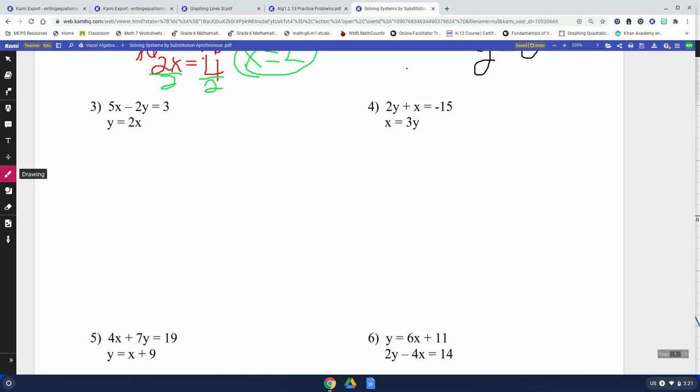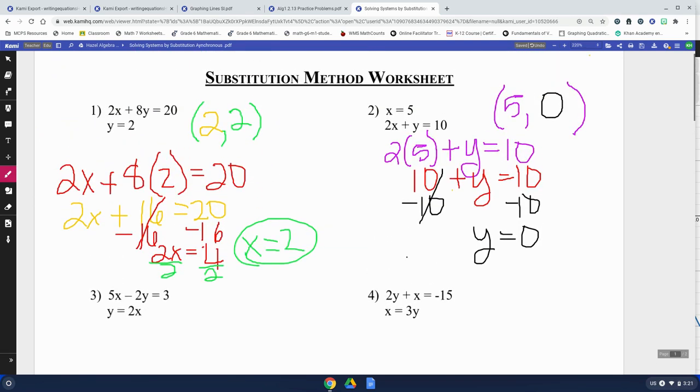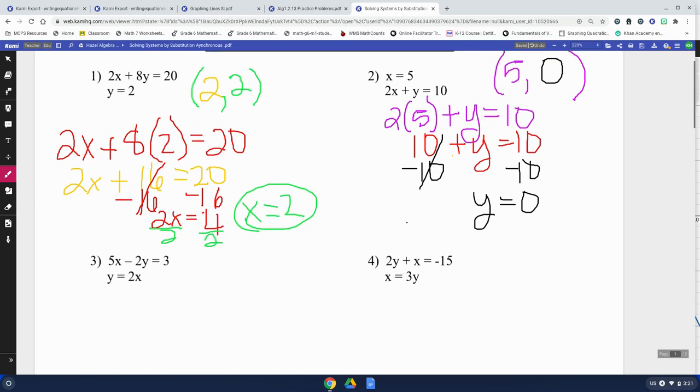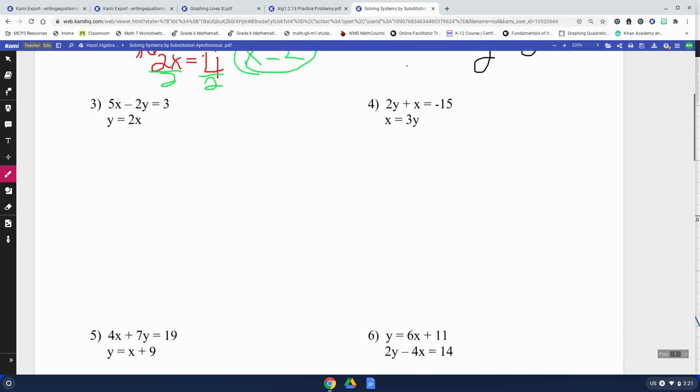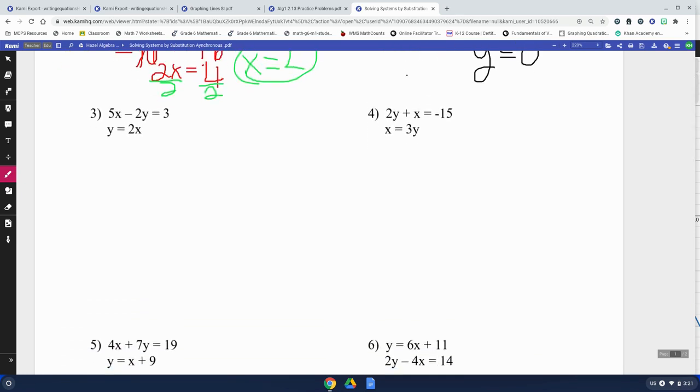Number 3 is not as easy as number 1 and 2 because you don't have an actual value for x or y. You only know x in terms of y or y in terms of x. So there's a little bit more work involved, but it's the same idea. The very first thing you need to do is isolate one variable, and that's been done for you, because y is equal to 2x.